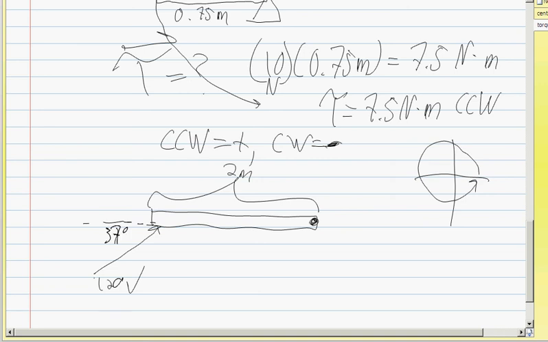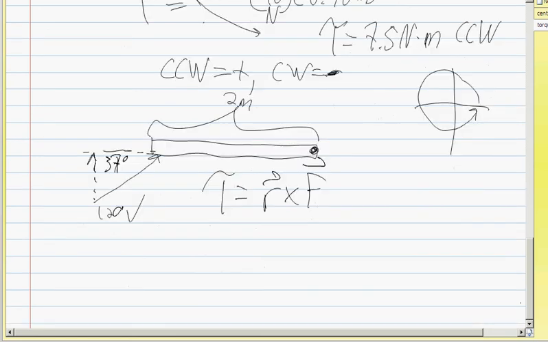Well, the component that we care about is this one, because that's the one that's perpendicular to the radius. So torque is going to be R cross F, which in this case is going to be 2 meters cross 120 newtons, times, in this case, the sine of 37 degrees, which would be 3/5.